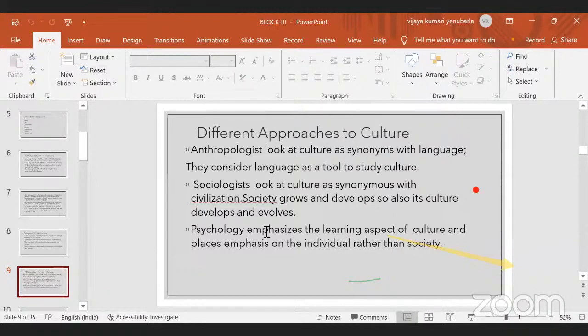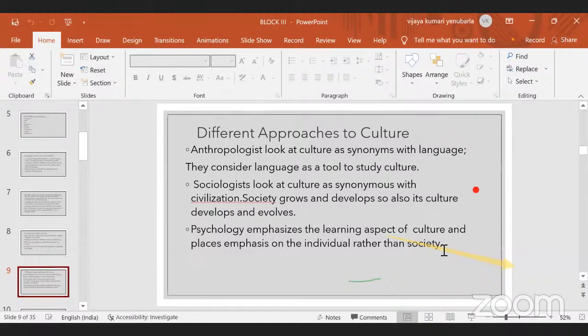Psychology emphasizes the learning aspect of culture and places emphasis on the individual rather than society. If you take the study of psychology, culture for a psychologist is the learning aspect of culture, and it places emphasis on just the individual.